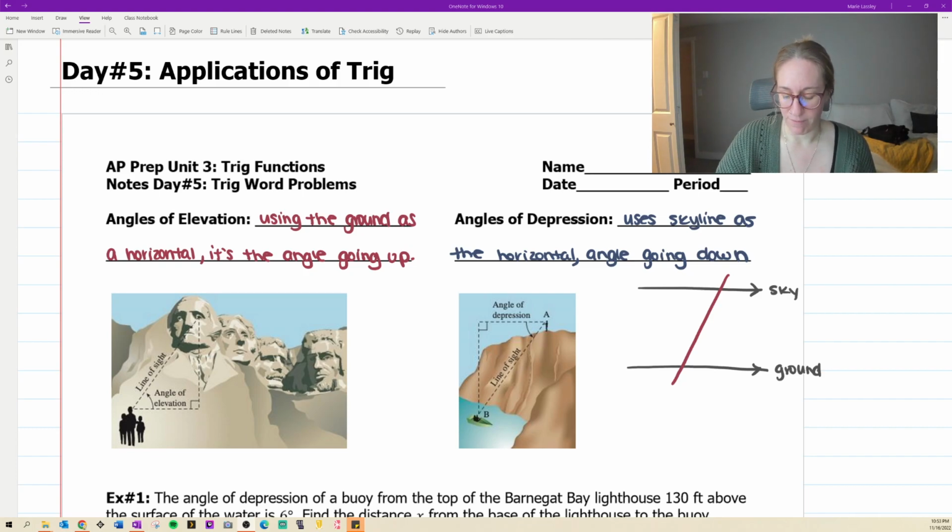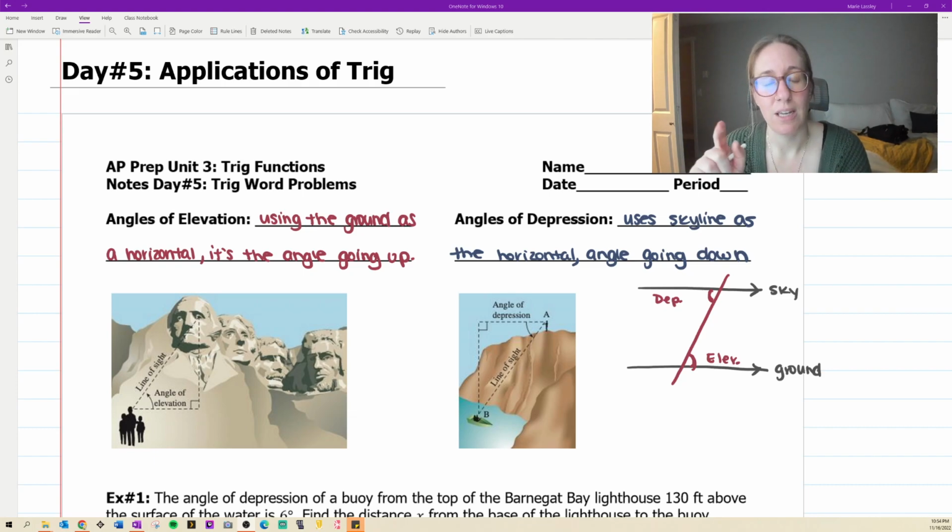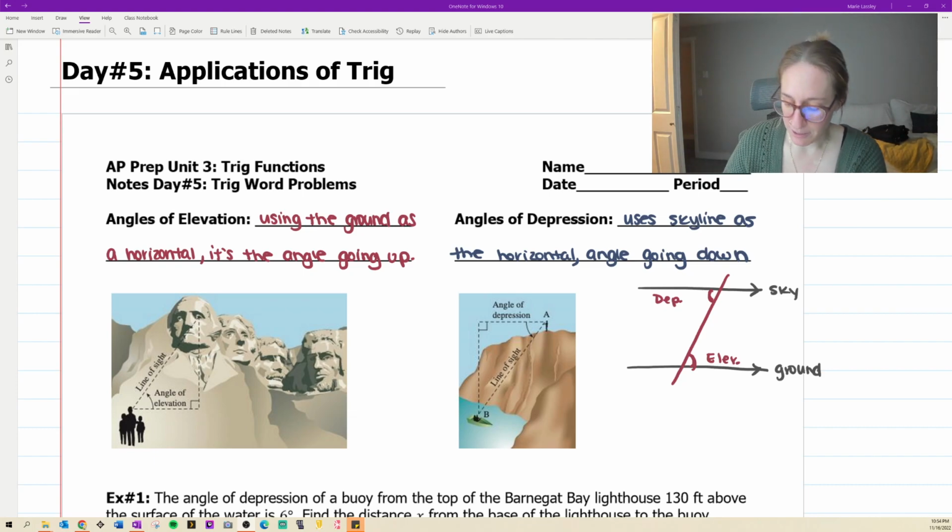So our angle of elevation and depression actually have a special name. They are called alternate interior angles, and they are congruent to each other. So this would be our angle of depression. This would be the angle of elevation, right? So they are actually congruent to each other.